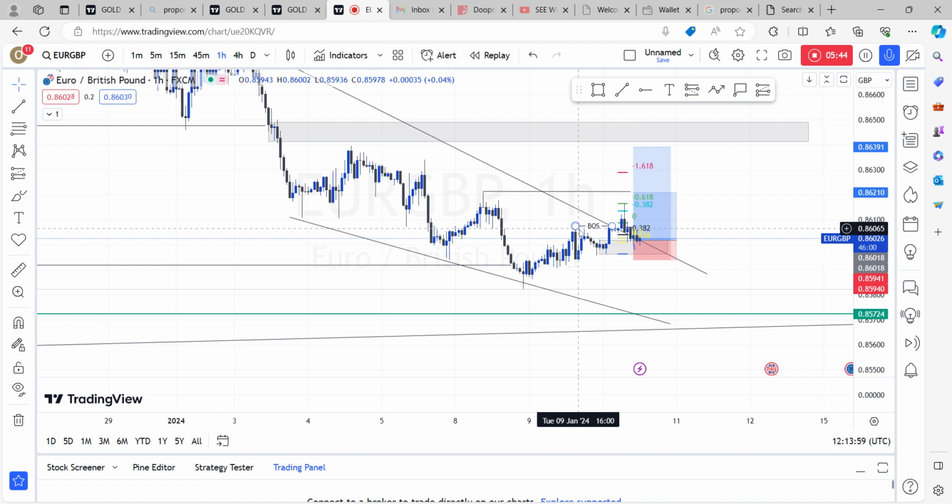This structure right here was broken when the price broke through the trend line. All right, the structure also was broken, which is also a high confidence for us. It is also contributing to our confirmation that the price will be bullish.